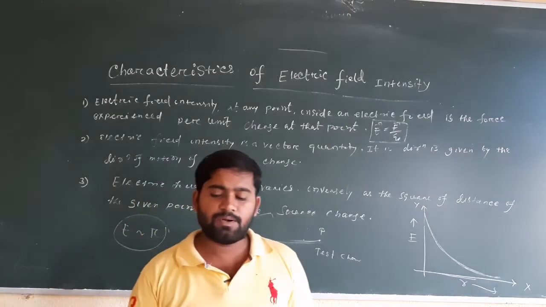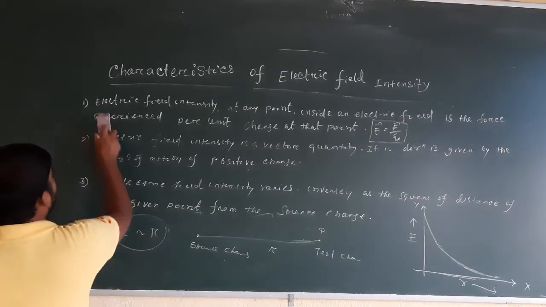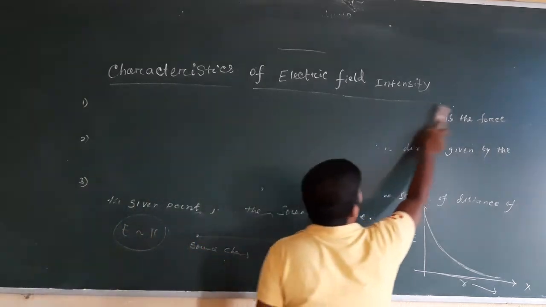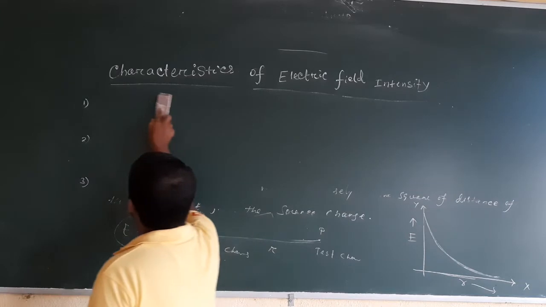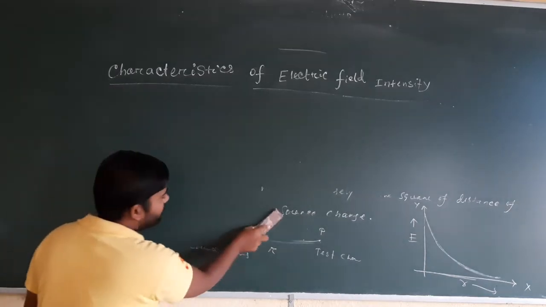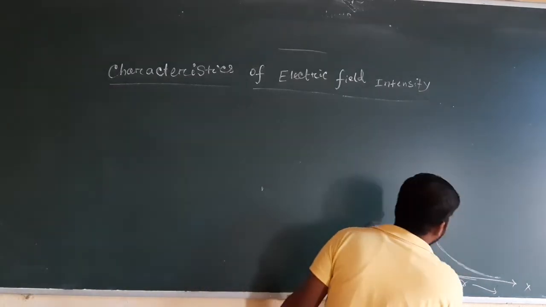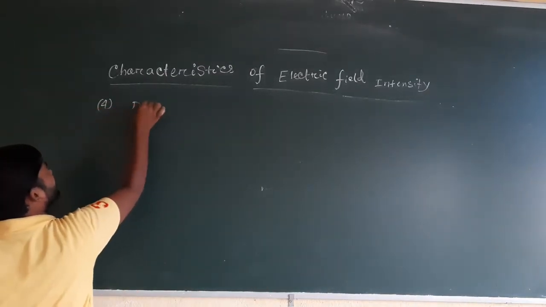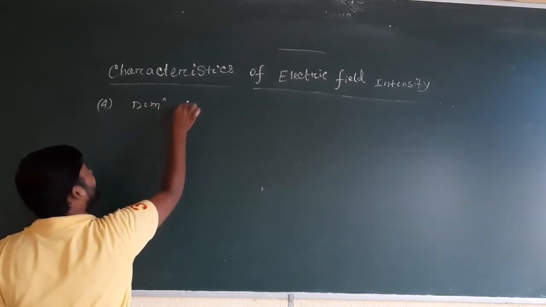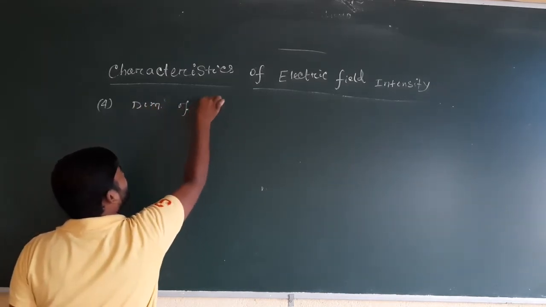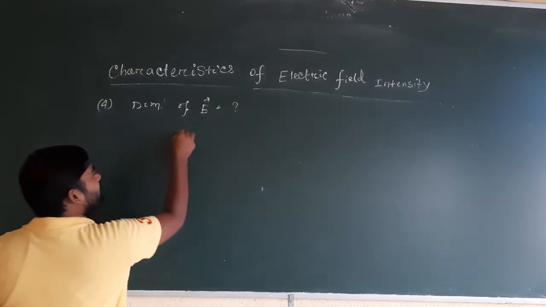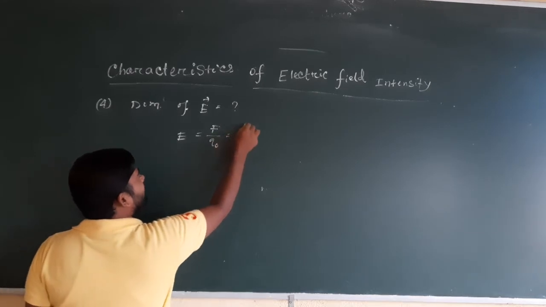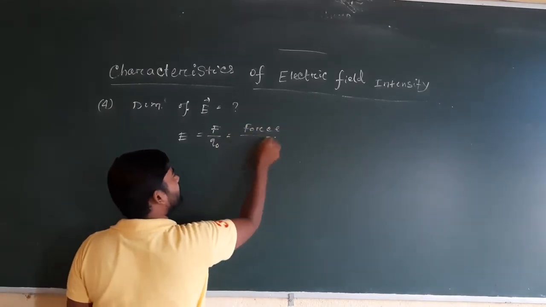The fourth thing about the characteristics is the unit and dimension. The electric field intensity is force per unit positive charge. So the dimension of E can be given by, as we know, E equals F by Q, or simply force by charge.